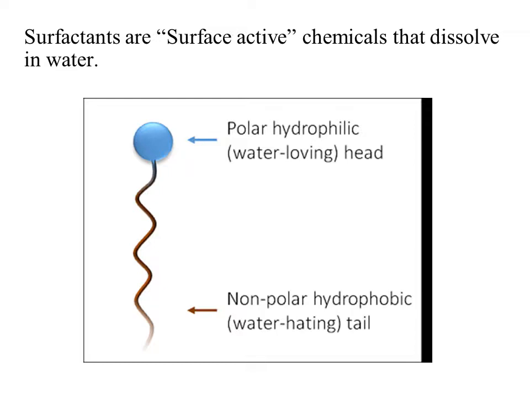The next reagent or germicide we will discuss is surfactants. Surfactants are surface active chemicals that dissolve in water. They dissolve in water because they have a hydrophobic and a hydrophilic portion. The hydrophilic is attracted to water.